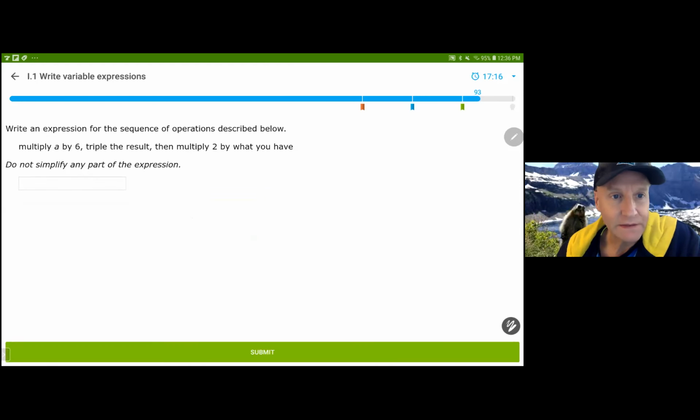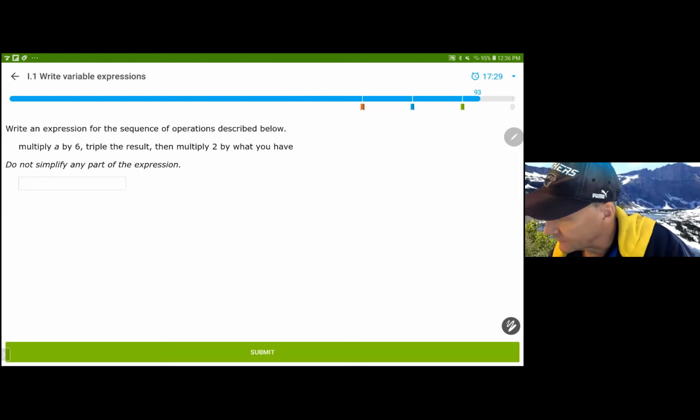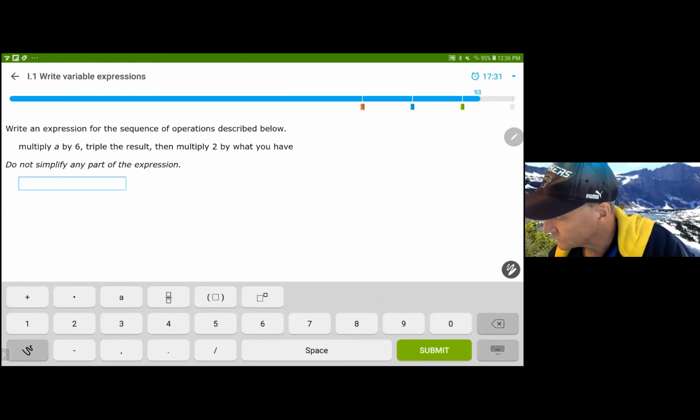Multiply A by 6, triple the result, then multiply 2 by what you have. Okay, basically you want to multiply A times 6. That is 6A. Oops, put an extra parenthesis. There we go. 6A, triple the result.